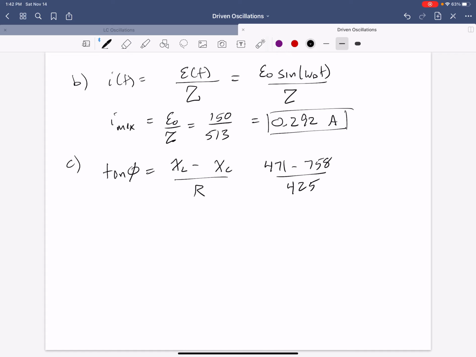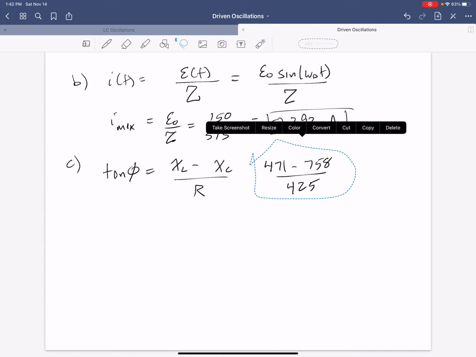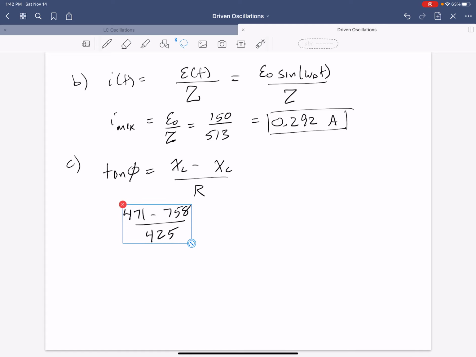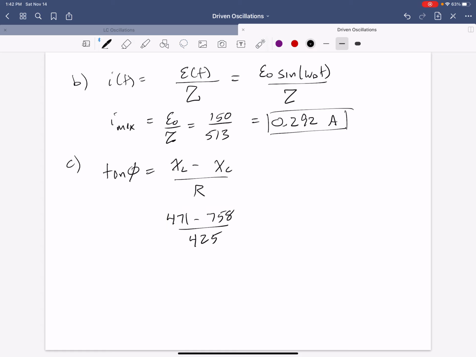That's a terrible way to write it, so let me cut it down there. So now phi equals the inverse tangent of that, and phi should be about negative 34 degrees. That's the angle between the driving EMF for the circuit and the current around the circuit at any given time.